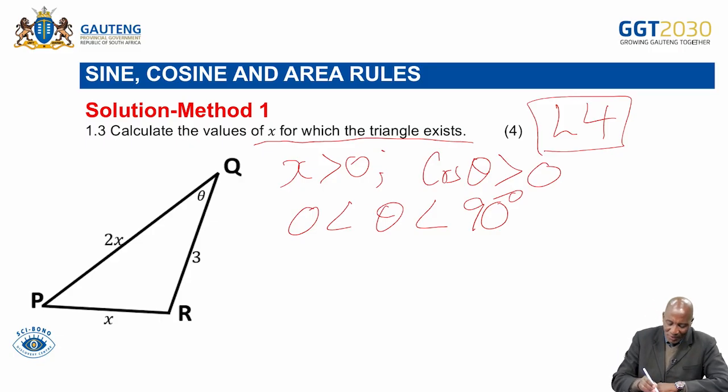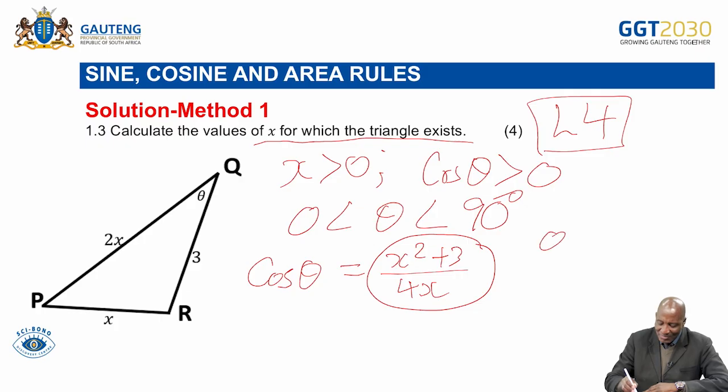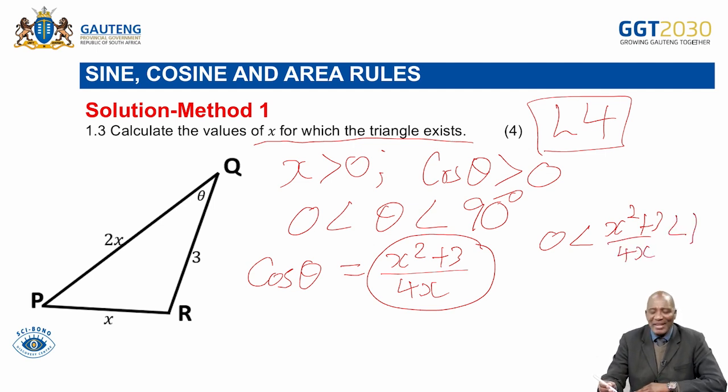Right. So if I have cos theta equals x squared plus 3 divided by 4x, what does it mean? It means this part here must lie between 0 and 1: 0 is less than x squared plus 3 divided by 4x, and that should be less than 1. Remember, the maximum value in the cosine graph is 1. The minimum is negative 1.